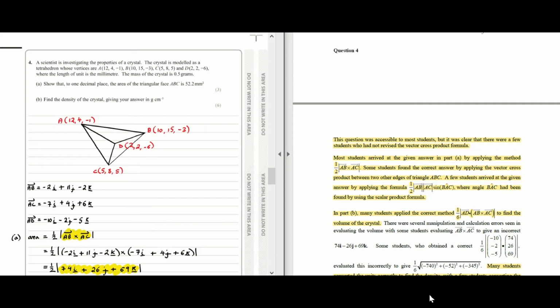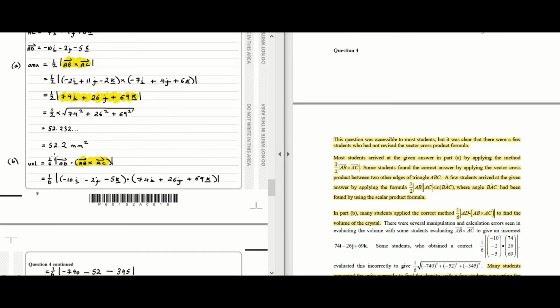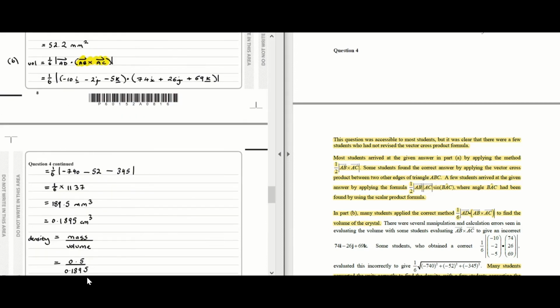There were several manipulation and calculation errors seen in evaluating the volume, with some students evaluating AB times AC to give an incorrect 74i minus 26j plus 69k. But you can see my solution on how we worked through that.